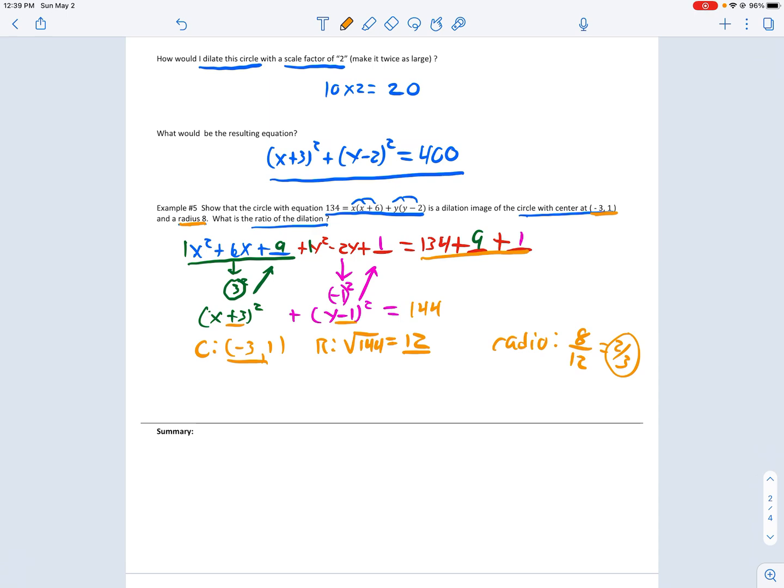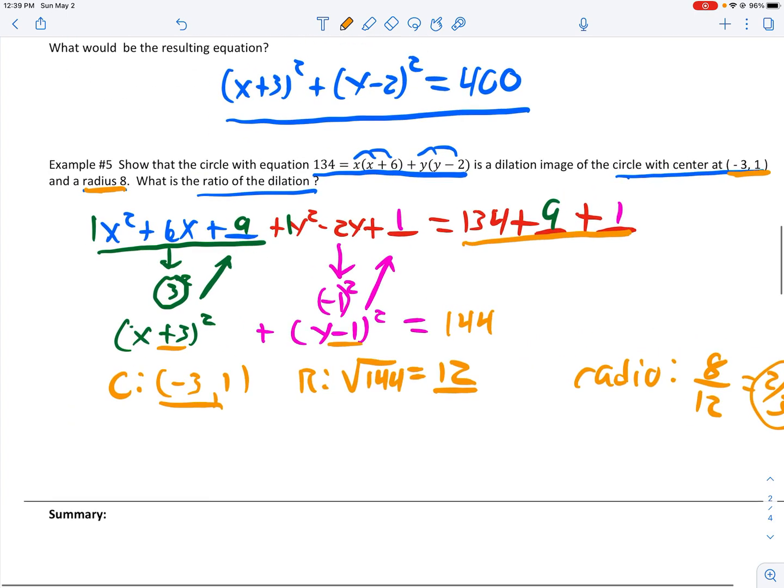So again, remember, as you complete the square, a couple of things. Your squared term has to have a 1 in front of it. If it's not a 1, you have to make it a 1 by division or multiplication. Your x's are grouped together, y's are grouped together, constants are on the other side. If you add 2 numbers to the left, you have to add 2 numbers to the right.